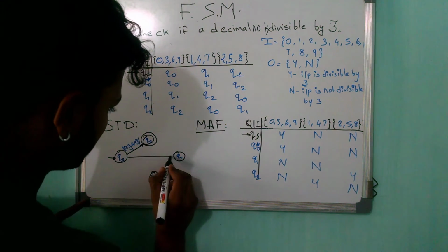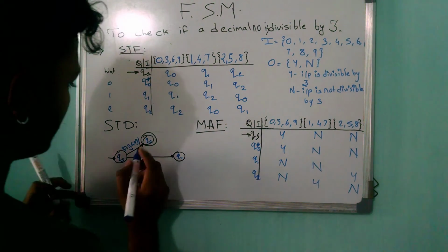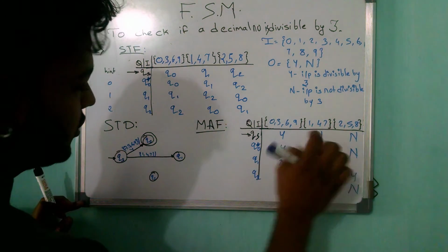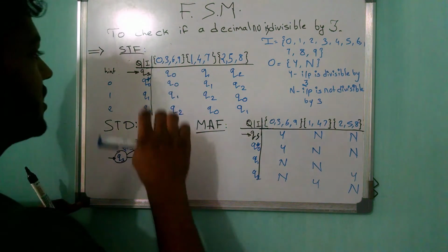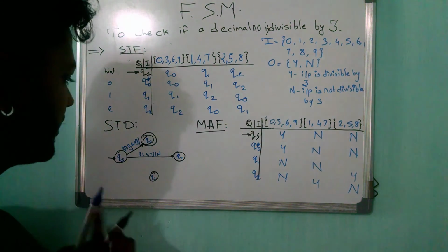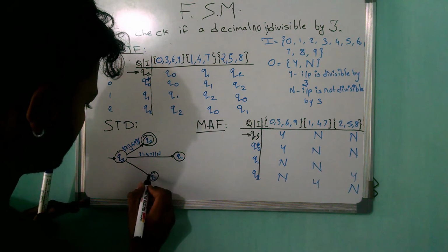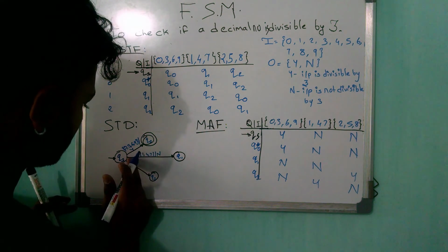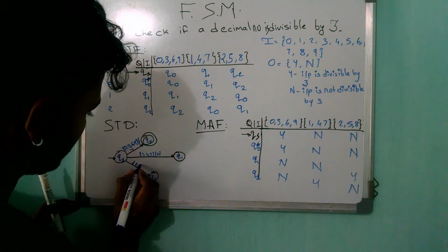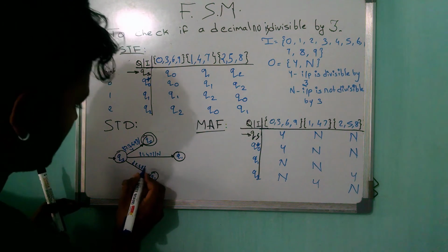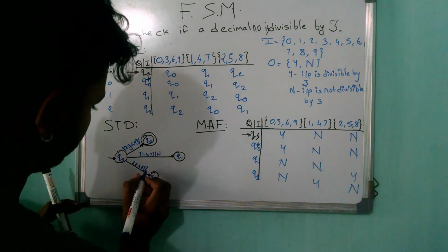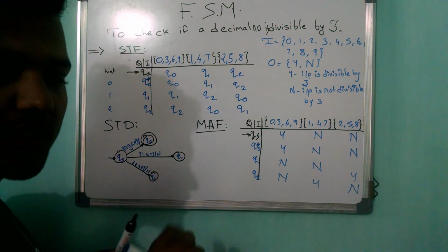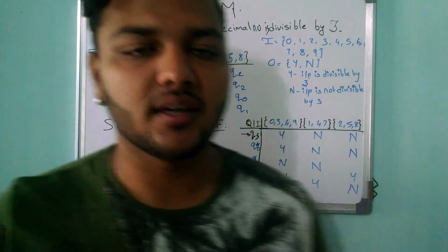Next from Qs we go to Q1 when 147 comes, and the output will be no. Then from Qs we go to Q2 when 258 comes, and the output that we give is no. So like this we will draw from each state to each other state, okay, so that we can complete this diagram.